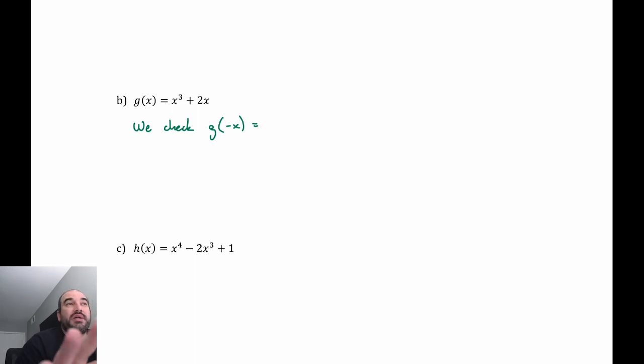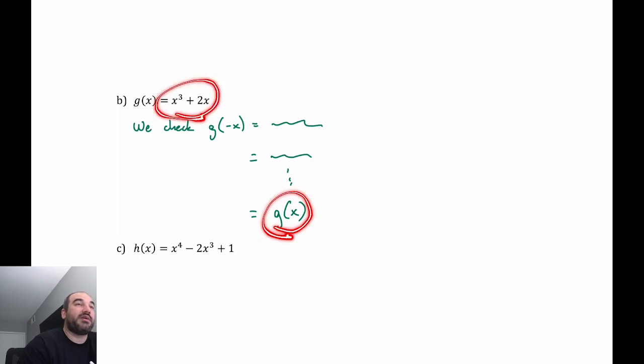One of three things is going to happen. Either we're going to get some stuff, and then we're going to simplify it down, and it's either going to be g of x, the original function that we started with, or we're going to end up at the negative of the original function.